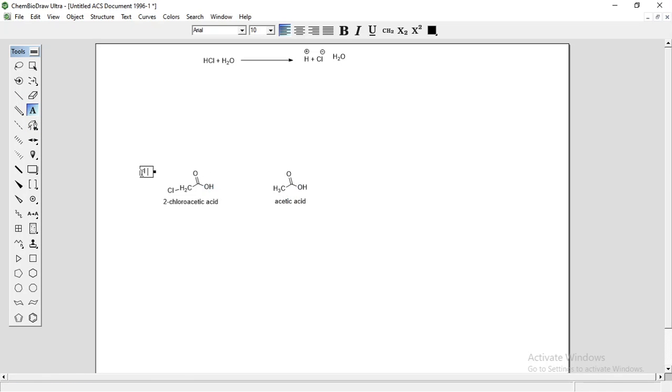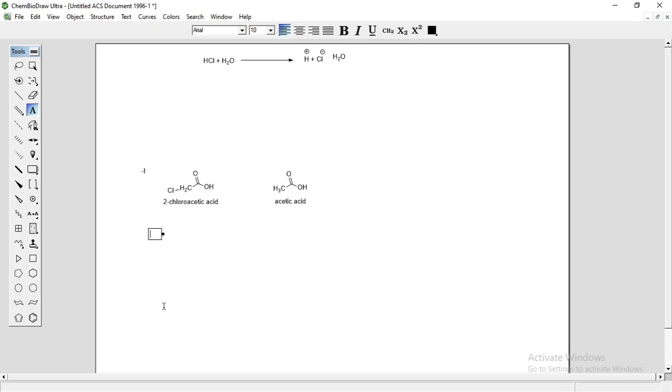Chlorine shows minus I effect. Hence it stabilizes this anion. After ionization, you will get the carboxylate ion of chloroacetic acid, the ClCH2COO minus anion.